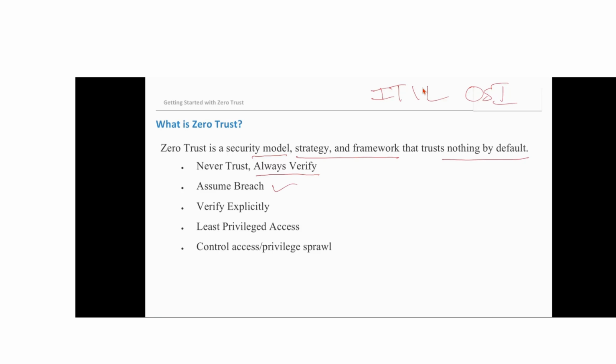So we verify explicitly and we give, and this is what's important, LPA, least privilege access: only give them the rights that they need. Just because they can get to the server doesn't mean they can do everything on that server. We used CBACs before, but now we have more detailed security by packet.